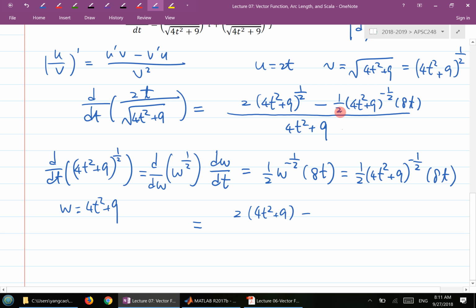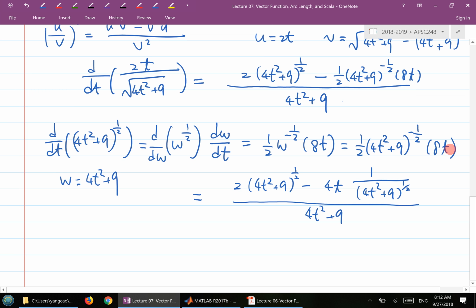So let's simplify this a little bit here. 1 over 2 times 8t gives us 4t, and this is basically 1 over 4t squared plus 9 to the power 1 over 2. I'm not skipping any steps here, just for the benefit of any of you having doubt where the result is from.